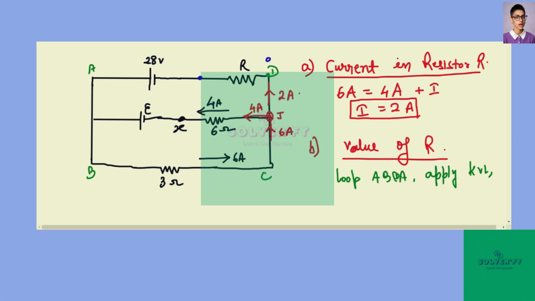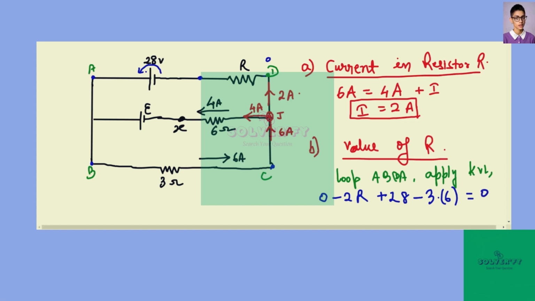Then potential at this point will be decreased by a factor 2 into R by applying Ohm's law. So it will be 0 minus 2 into R, and then the potential at A will be increased by this 28 volt, because we are jumping from the negative to the positive side. So plus 28, and that will be the potential at this point. Now again potential at point C will be decreased by 3 into 6. So minus 3 into 6, and that will be the potential at D, because they are connected by a straight wire.